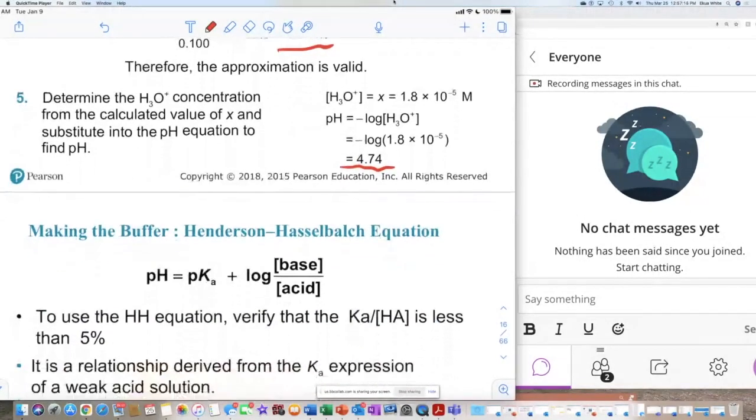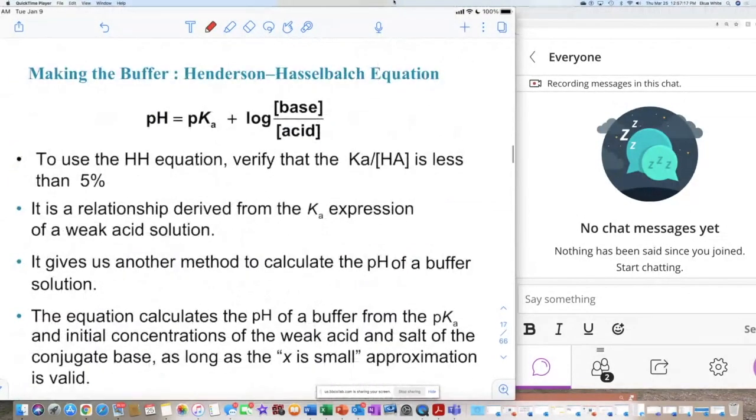Okay, so that shows you the ICE table. Now I'm going to show you how we get to the same answer by an alternative method. We normally don't have a lot of alternatives in chemistry. A lot of people will ask me, is there an easier way? I'm like, listen, if there was an easier way, I'd teach you that one first, okay?